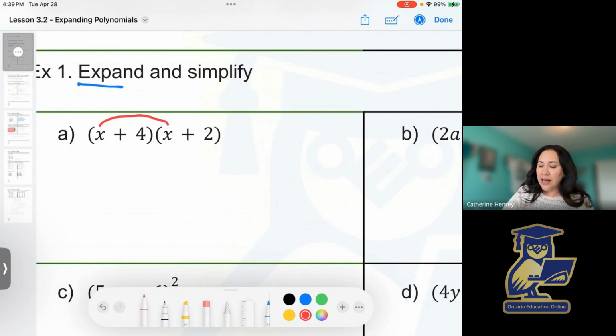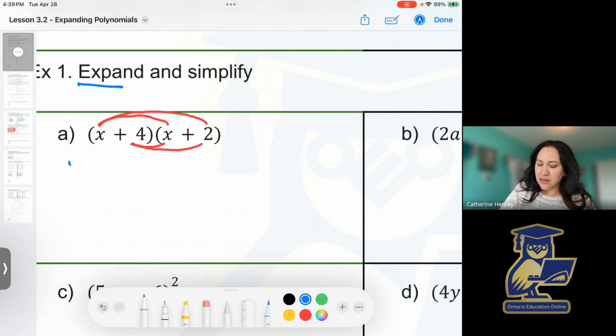Then we have the outer term of the first bracket with the outer term of the second bracket. Then we have the inner term of the first bracket times the inner term of the second bracket. And then we have the last term of the first bracket times the last term of the second bracket. So let's work with that and we'll go from there.